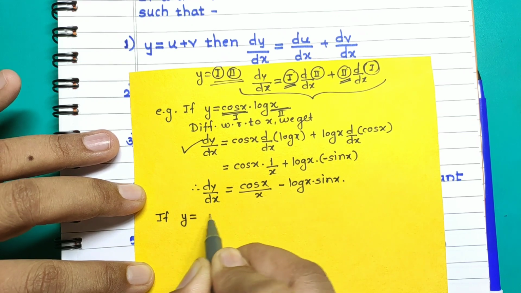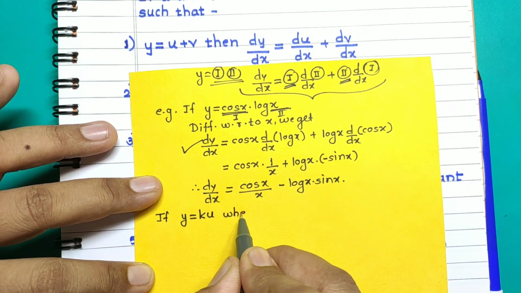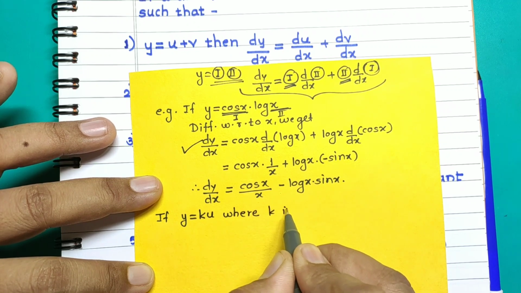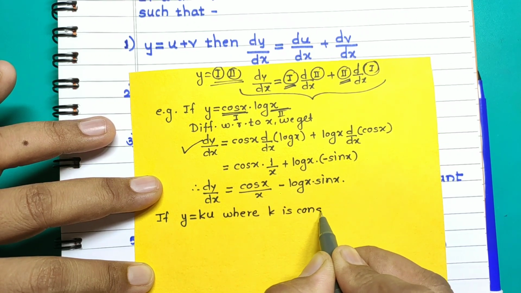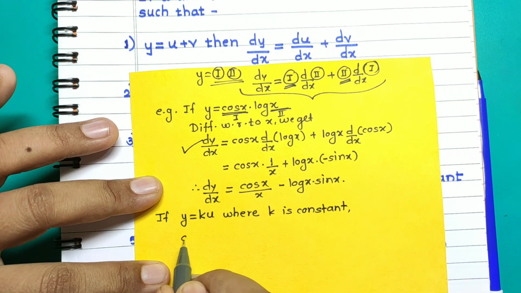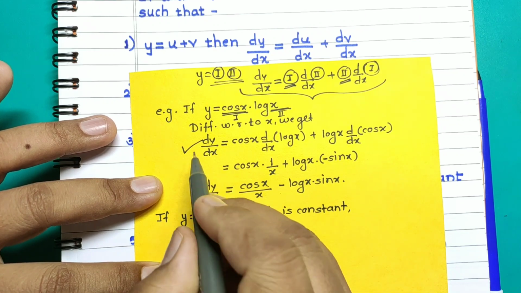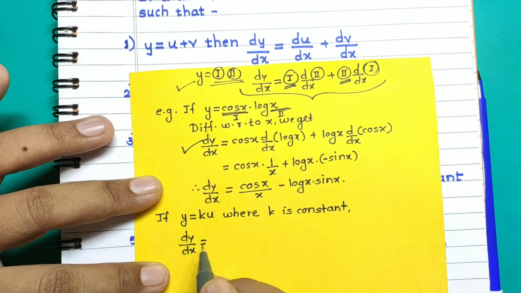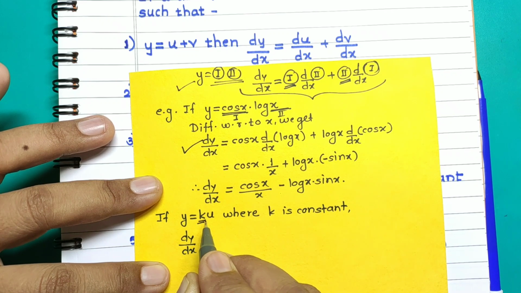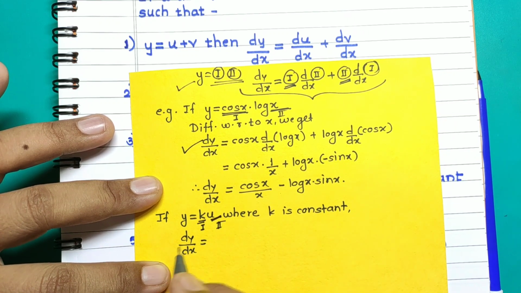Now if this y is product of function k and u, where k is constant, then derivative of this term dy by dx is equal to, let's apply this product rule. Consider k as first function and u as second function.